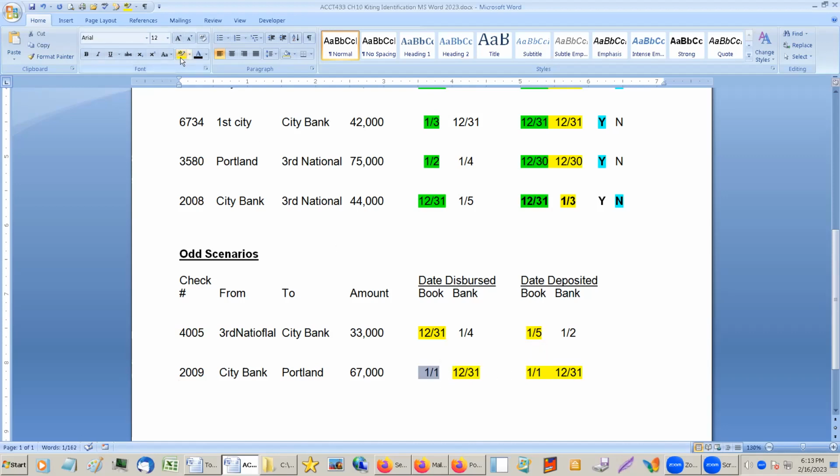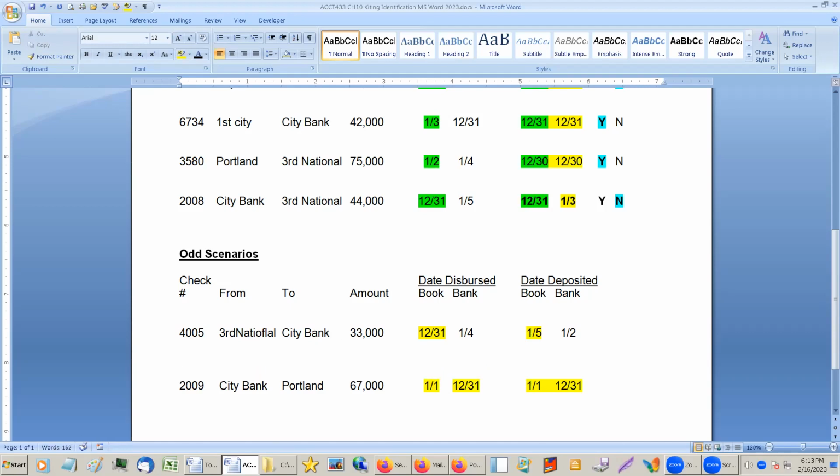So let me write these in. This first one would be a manipulation to understate cash.